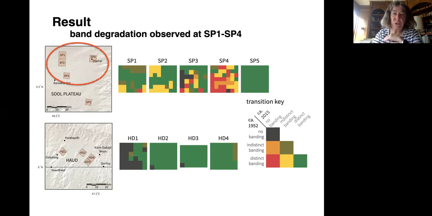So these red squares and yellow squares saw complete degradation or partial degradation of the vegetation in those regions. And these green ones, like SP5, are completely green. And that just means the old image and the new image look pretty much the same. So SP5 and these Howd ones, 1 through 4, there's no change in the vegetation.